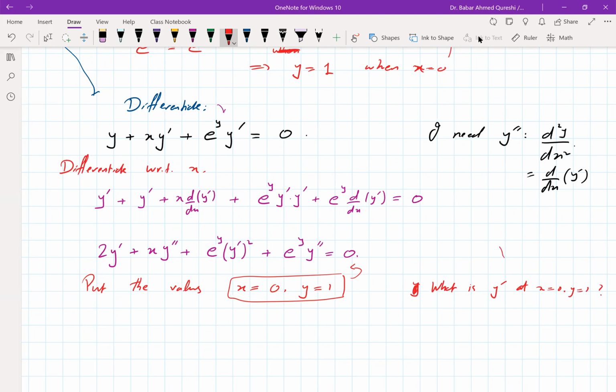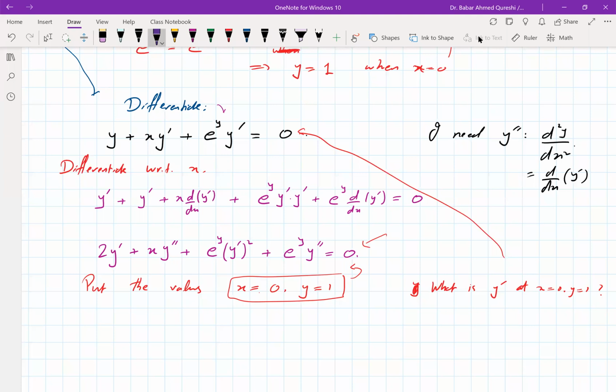To do that, I'll have to go back to this equation and compute it from here. That can be computed by putting x is equal to 0 and y is equal to 1 in this equation.